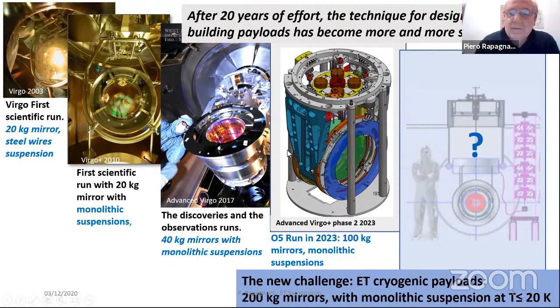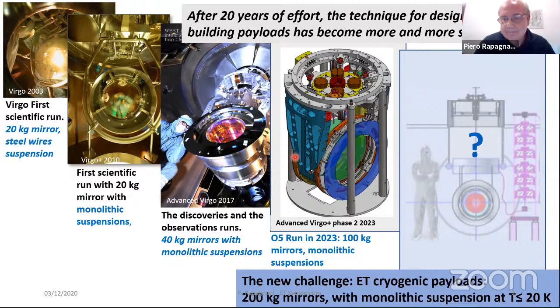For instance, what we see here is the design of the heavy mass payload with a mirror of 100 kilograms, 105 kilograms indeed, that will be installed in Advanced Virgo Plus in the second phase of Advanced Virgo Plus in 2023, 2024.